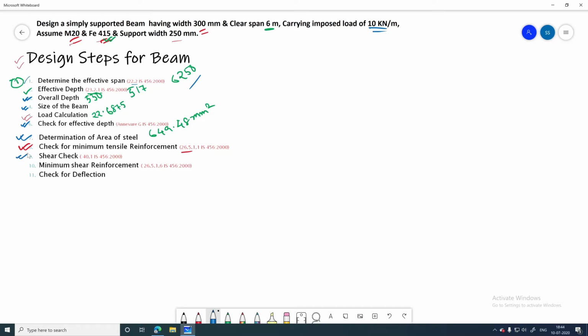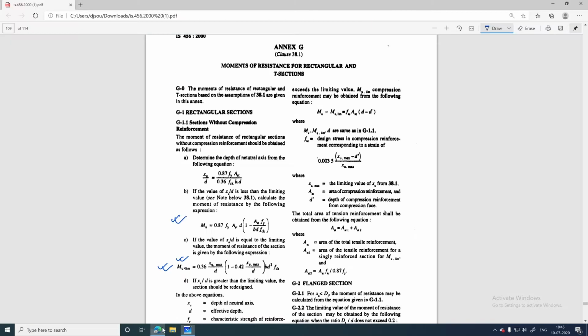Now the shear check. Okay, very interesting. So shear check, that is in 40.1 of IS 456 2000. Okay. So let's go there, 40.1.